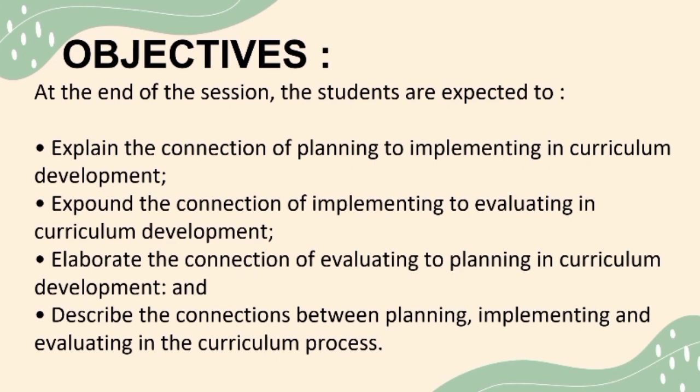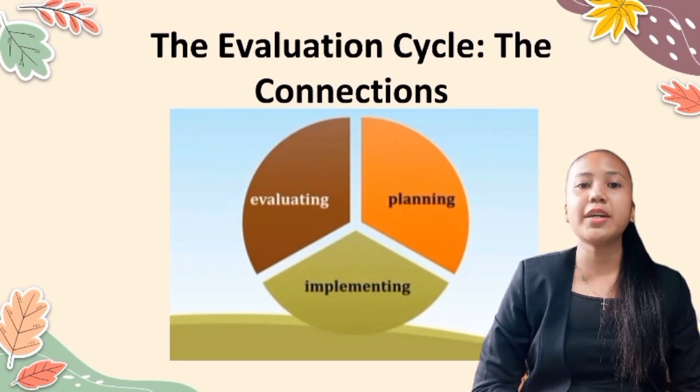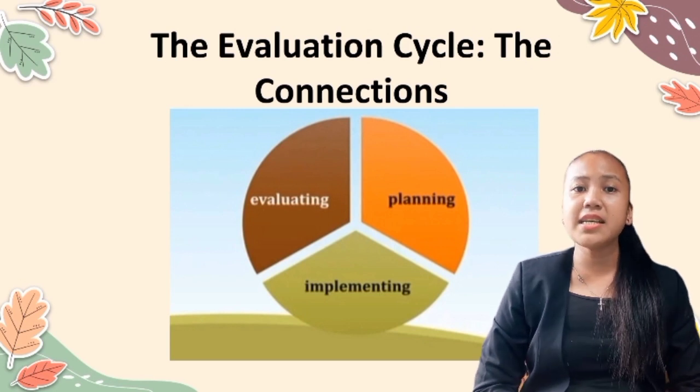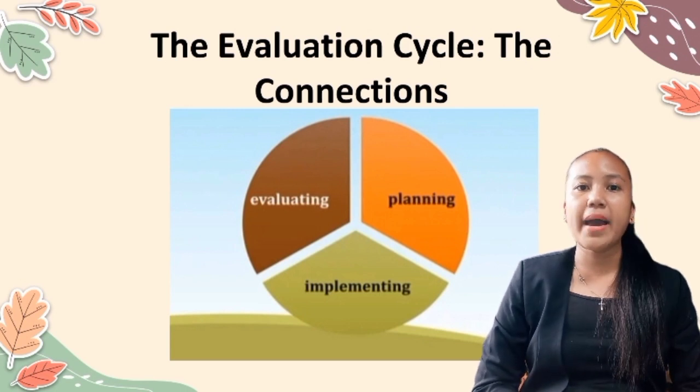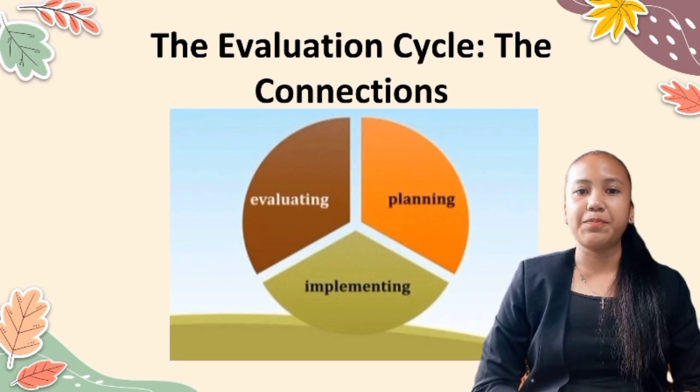the curriculum process. According to some models presented by Hilda Taba and Ralph Tyler, curriculum development ends with evaluation. However, since curriculum development is a continuous process, it can also be viewed like a pie. PIE stands for planning, implementing, and evaluating.